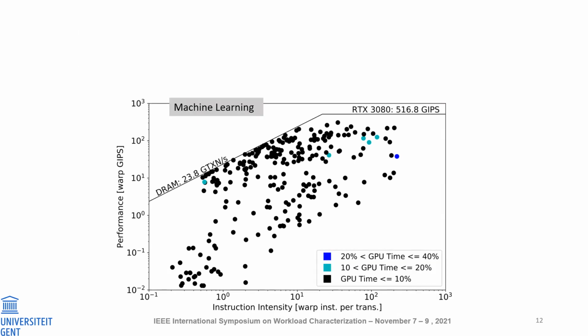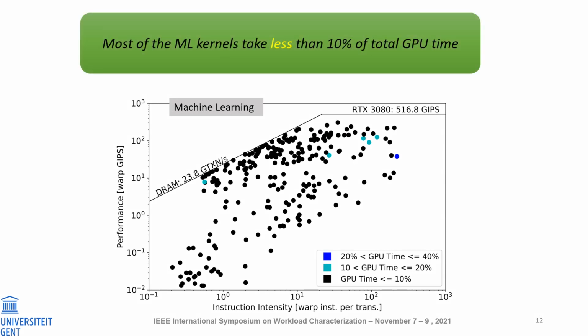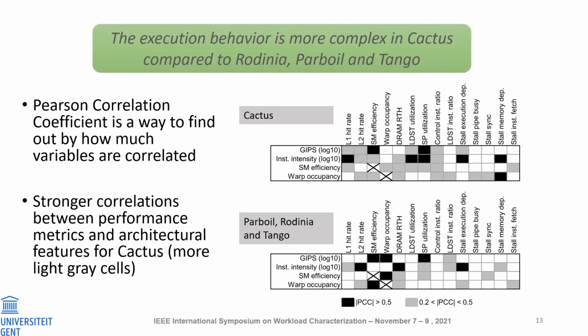We also see here that important kernels in machine learning applications take less than 10% of the total GPU time. Therefore, we can say that the execution behavior in Cactus is more complex compared to traditional ones.